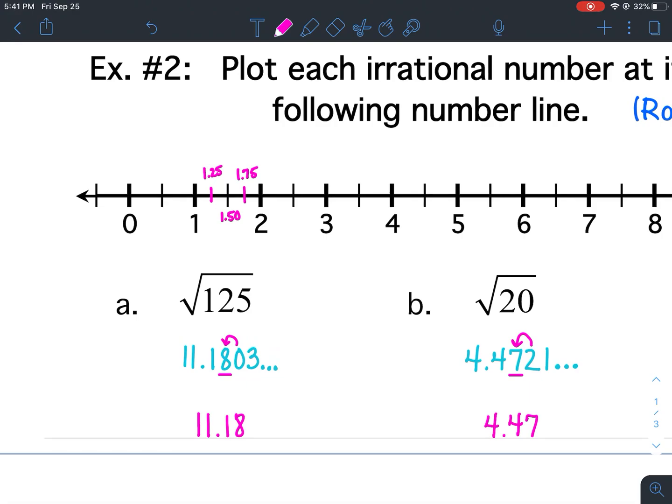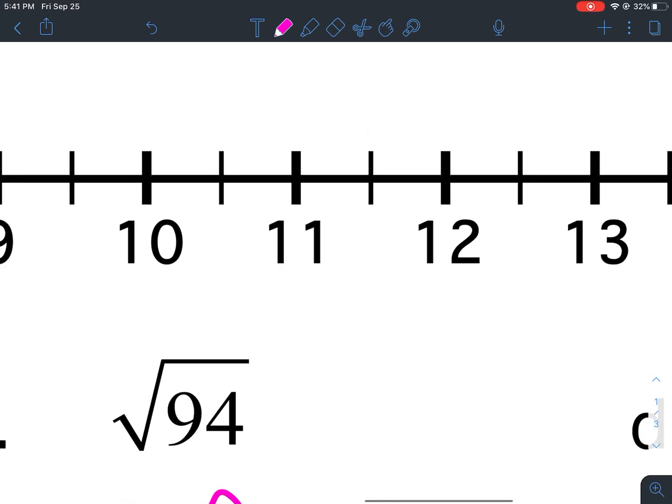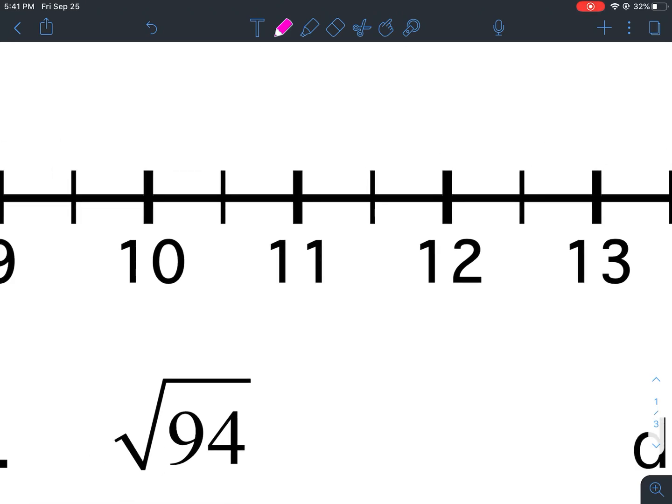Let's start with A. 11.18. So it has to fall between 11 and 12. This right here would be 11.50. 11.18 is less than 11.50. You do not need to draw this line. I'm going to draw it for a reference point. So halfway between 11 and 11.50 is our 11.25. So now you need to ask yourself, is 11.18 greater than 11.25 or less than 11.25? 11.18 is less than that.